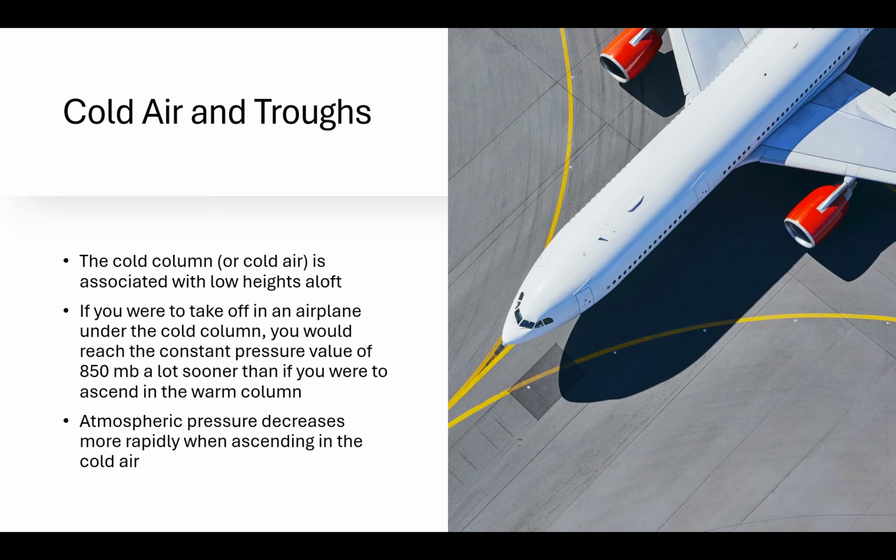If you were to take off in an airplane under a cold column of air, you would reach that constant pressure value of 850 millibars a lot sooner than if you were to ascend in the warmer column of air. Atmospheric pressure also drops more rapidly when you ascend into the colder air column.